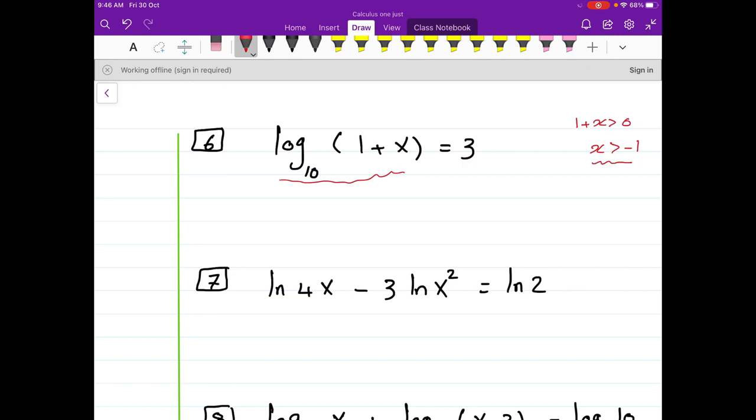Any value you find to solve this equation must belong to this interval. Now, this is equivalent to 10 to the power 3. This is the base, the exponent, equals 1 plus x. So x equals 10 to the power 3 minus 1.